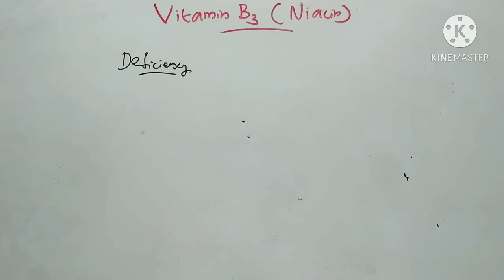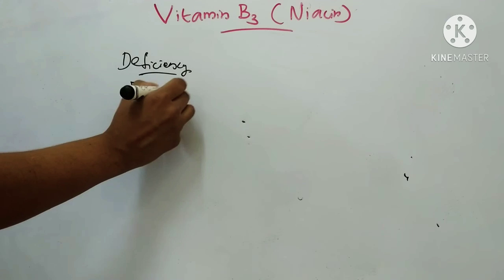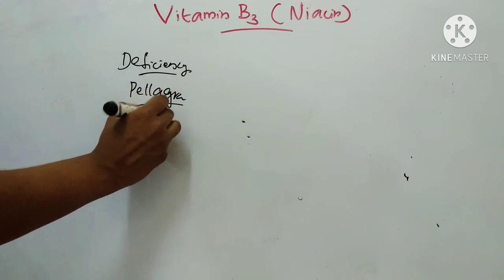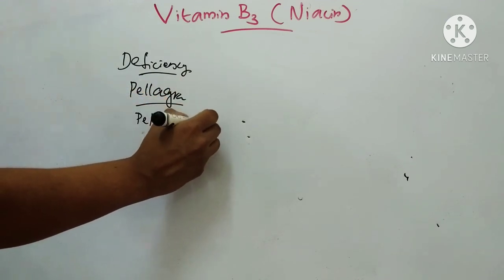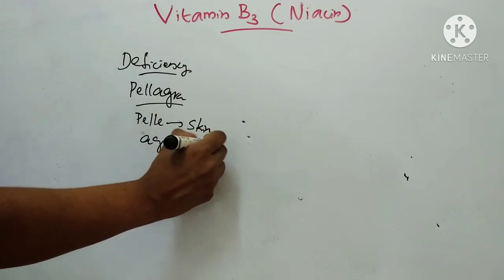Nicotinic acid deficiency produces a disease called pellagra. Pellagra, that is pelle means skin, agra means rough.